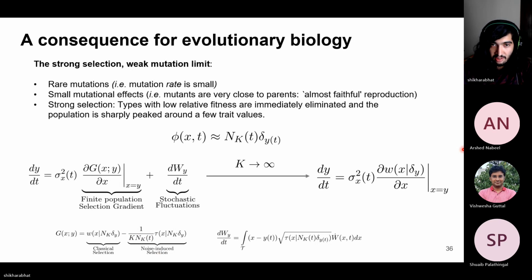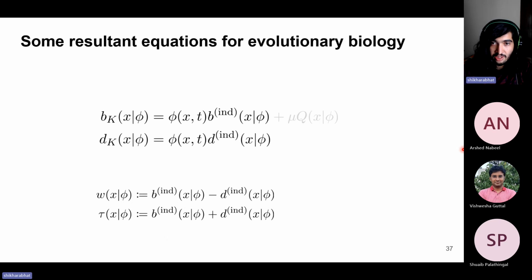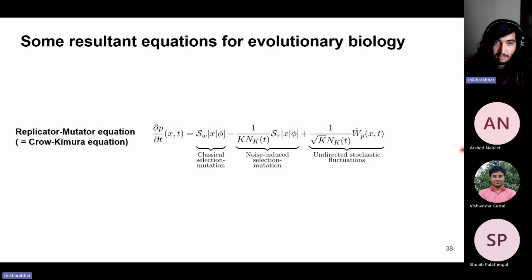I will wrap up here. I will just tell you that if we also consider mutation, that is if we say that this birth rate is per capita times b plus some possible influx term, then we can derive a replicator-mutator equation, which one can show is equivalent to the Kimura-Crow equation.